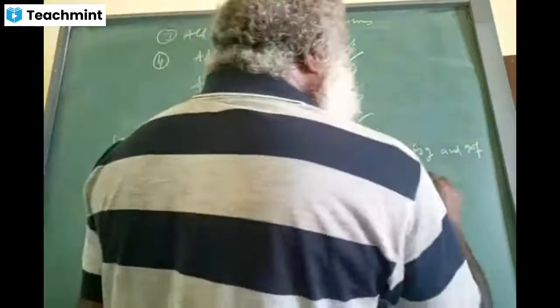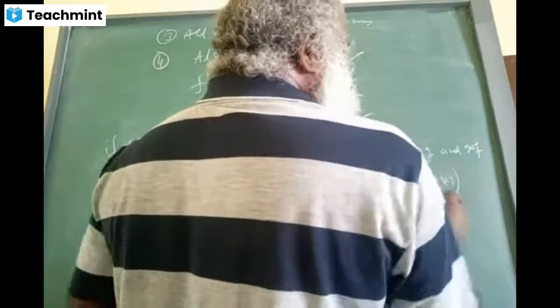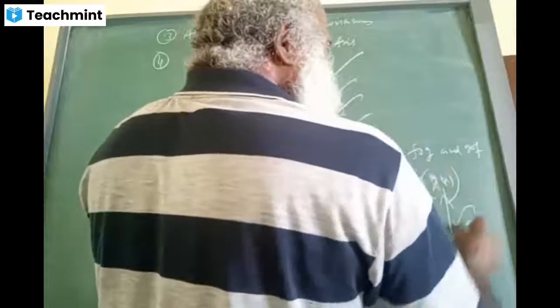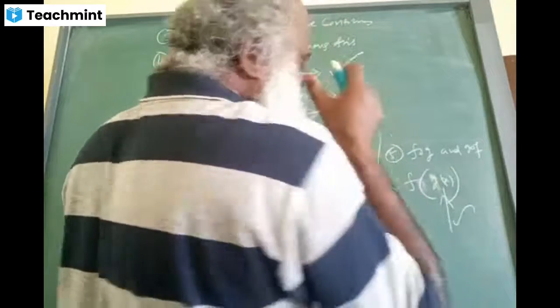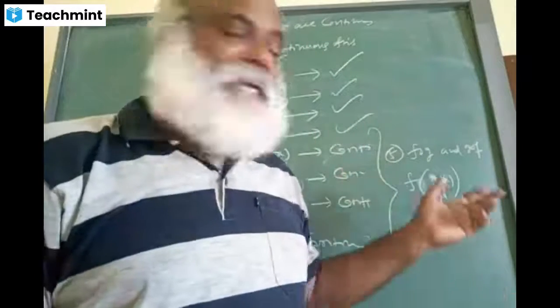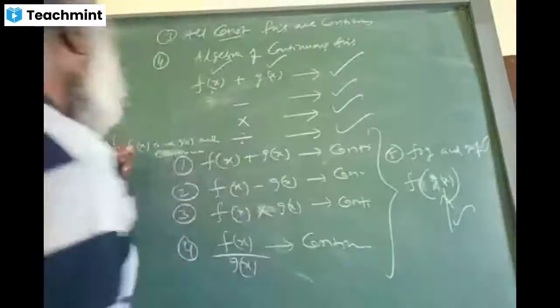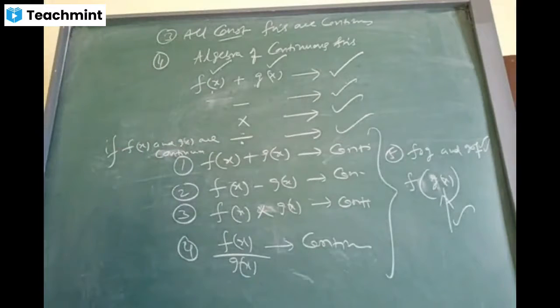Fog is f of g of x. What condition? G of x should be continuous. Then f of g of x is also continuous, which means we say that fog is continuous. So these things are our algebra of continuous functions.